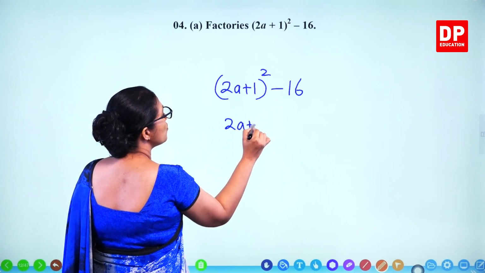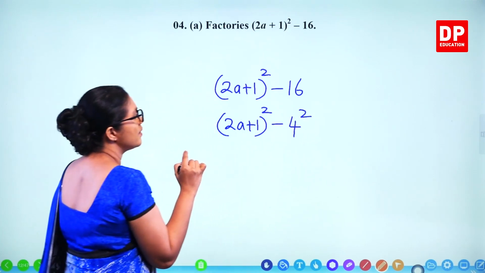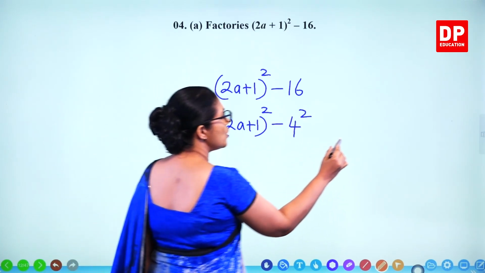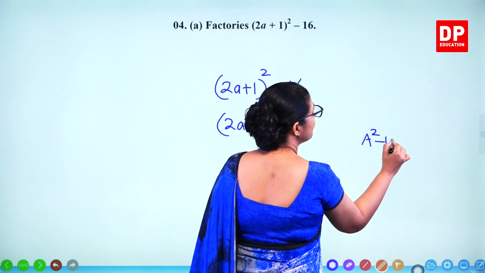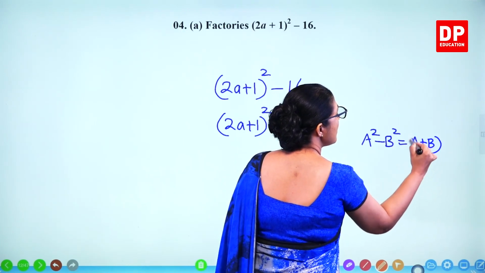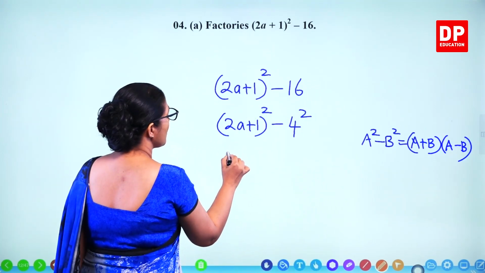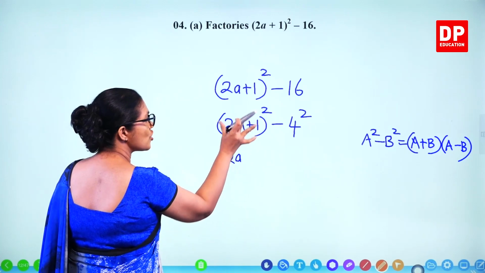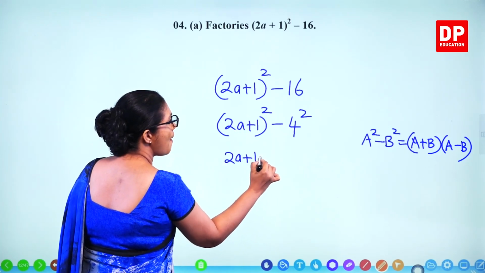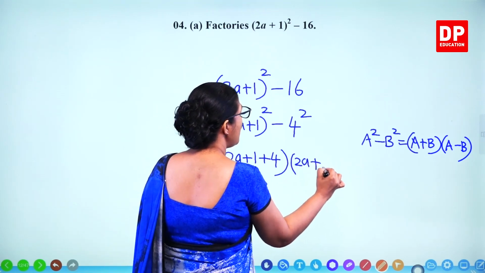I can write (2a plus 1) squared minus 4 squared. What's the difference between two square terms? One factor is a plus b, the other factor is a minus b. So you can write 2a plus 1 plus 4, 2a plus 1 minus 4.